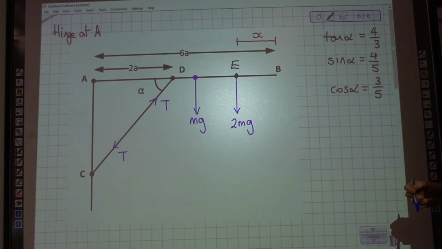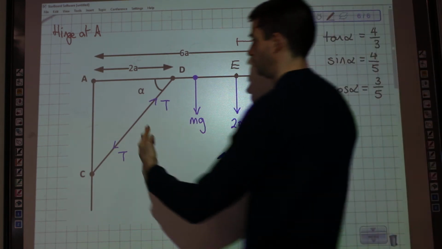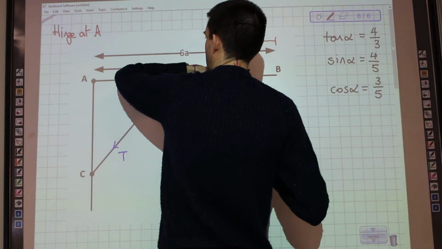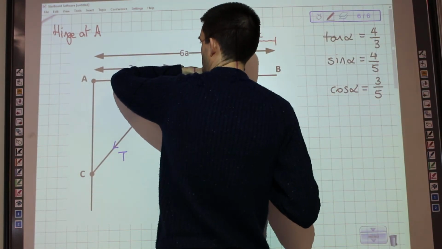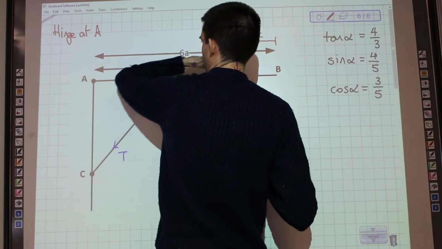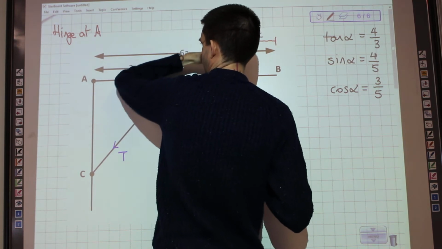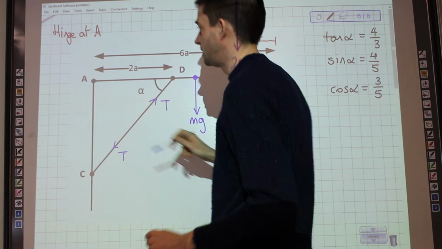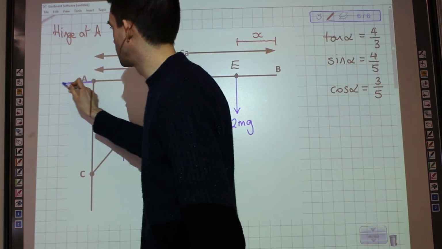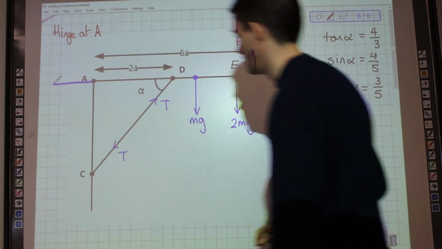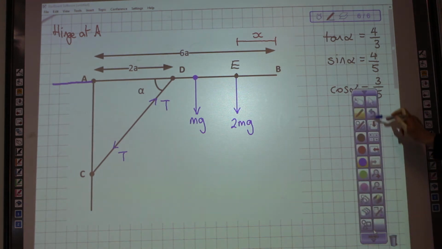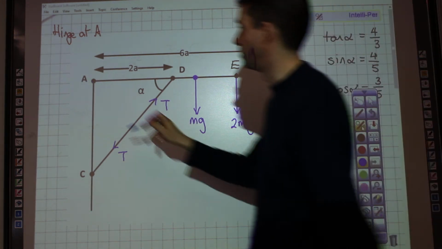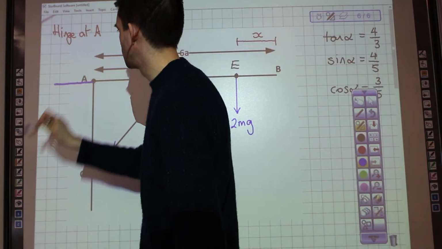The thrust in this rod is causing this plank to want to go this way, like so. And what that means, in fact, is that the horizontal component of the reaction force is actually going this way.